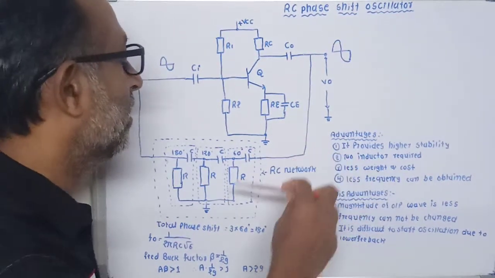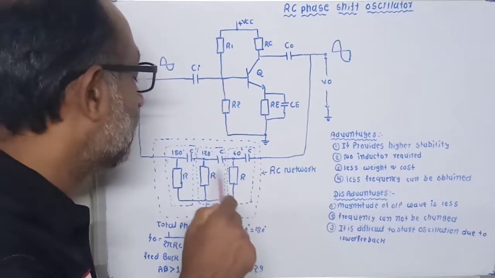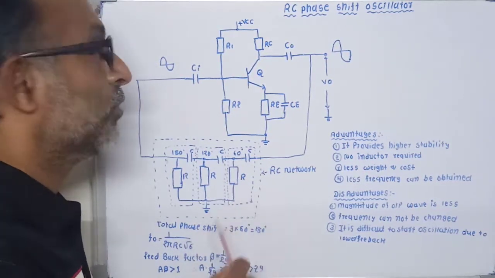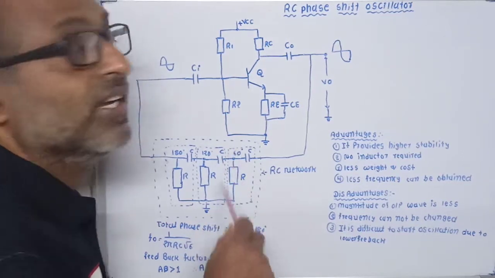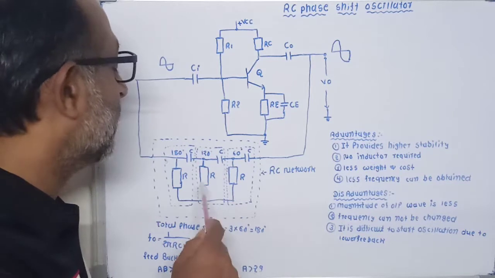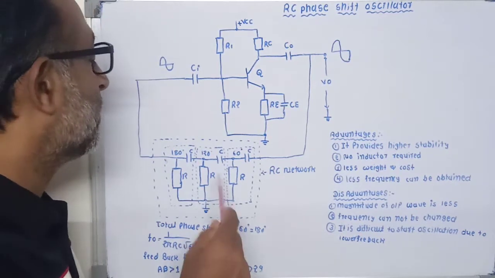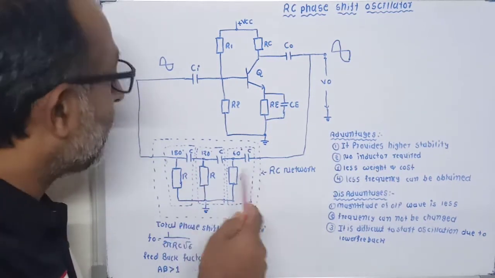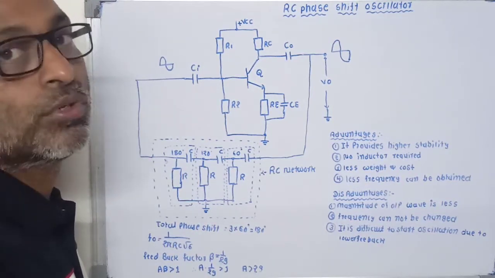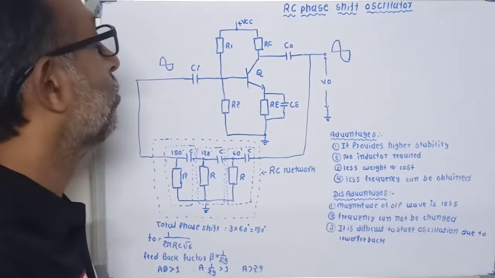This feedback signal passes through these three stages of the RC network, and each RC network provides a 60-degree phase displacement. So due to these three stages, it provides a 180-degree phase displacement between the input signal and the output signal.